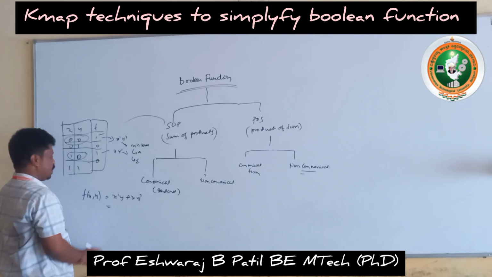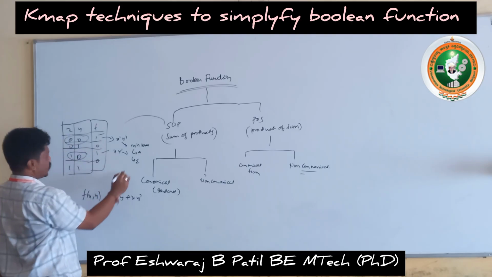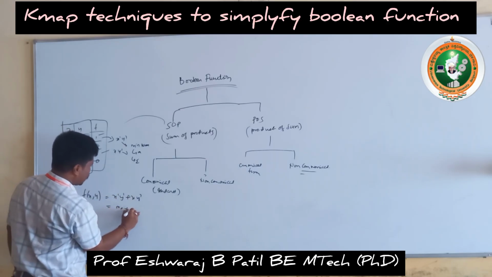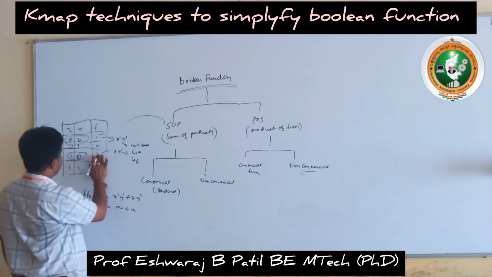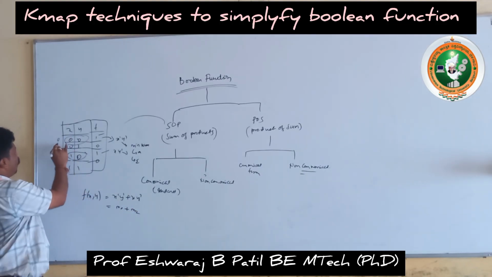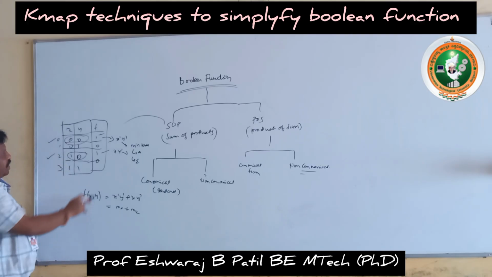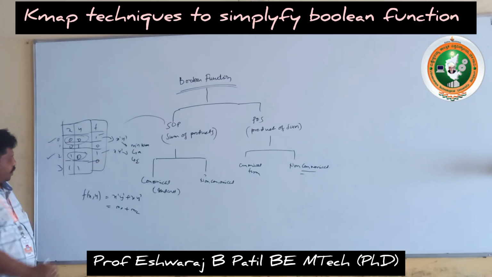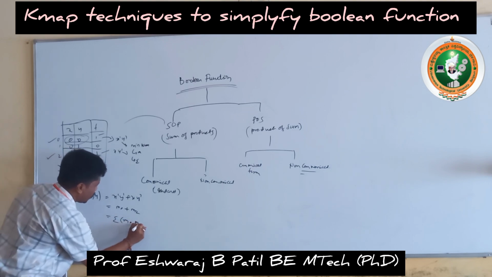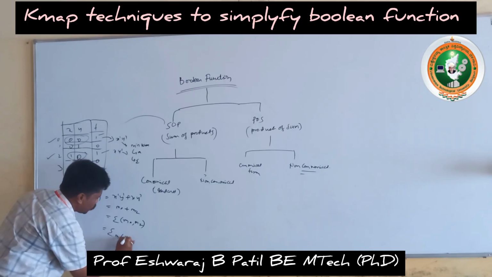Then you can also write x dash y dash as m0, plus x y dash as m2, because of the binary-to-decimal equivalents 0 1 2 3. These two combinations are the min terms in the Boolean function. Then we can also write this as the summation of m0, m2, or summation of m over 0, 2.